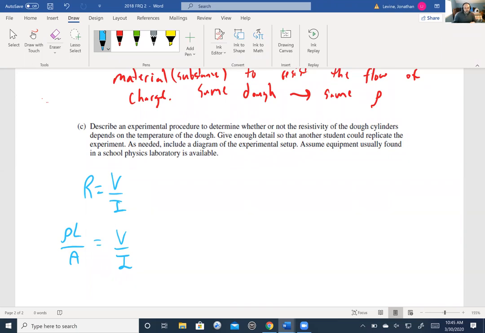So using a power supply, we could gradually increase the voltage and then measure in turn the current flowing through the resistor. And that current would be inversely related to the resistance, right? If it forms a linear relationship, what does that mean?